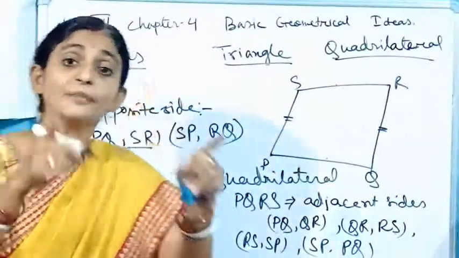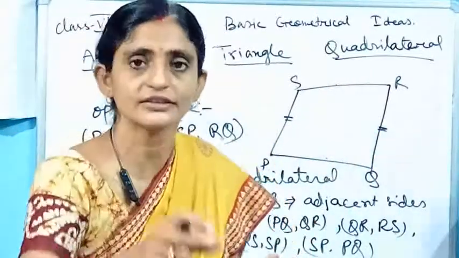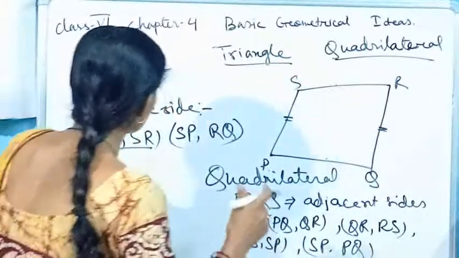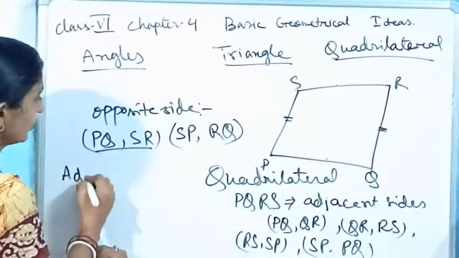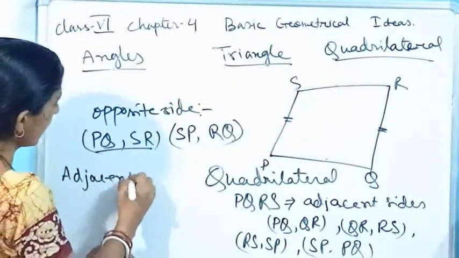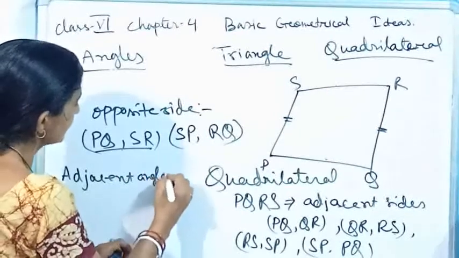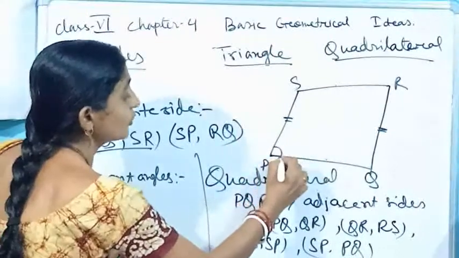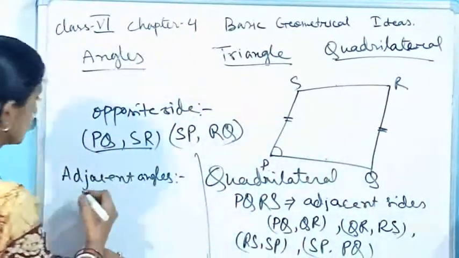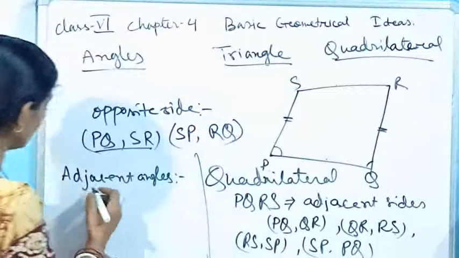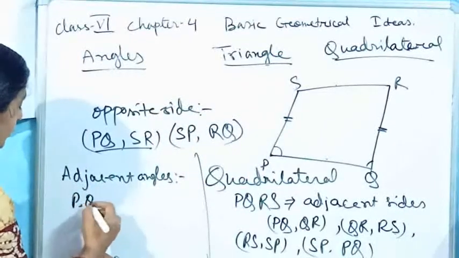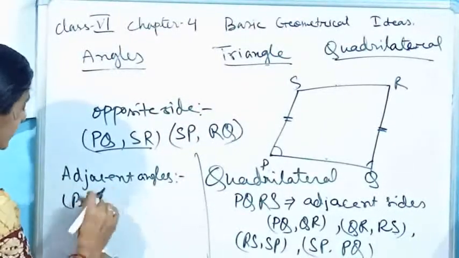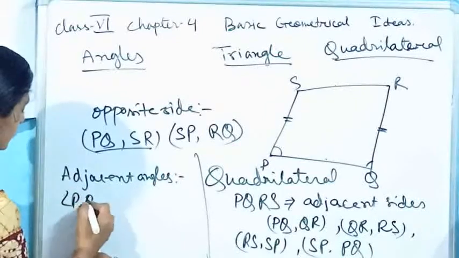The same thing will happen in the case of angles. For adjacent angles, what will we write? If I am talking about P, then the next one is Q. Let me write it in a group: angle P, angle Q. This is one group, so let me put the angle sign also.